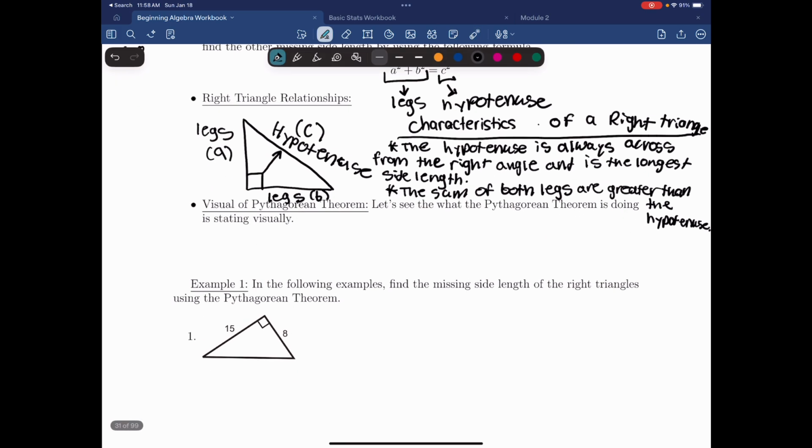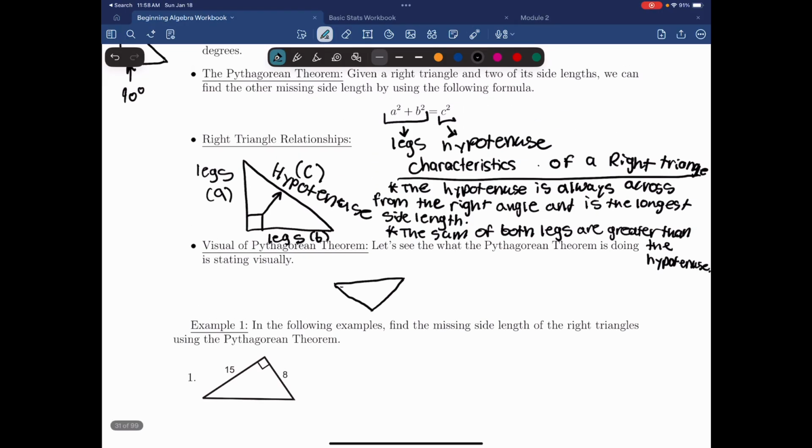And then right here, let's get a visual. I'm going to draw a visual here real quick of what exactly the Pythagorean theorem is doing visually, so we can see what this equation here is stating. Okay, so let's say we had squares. This more looks like a rectangle.